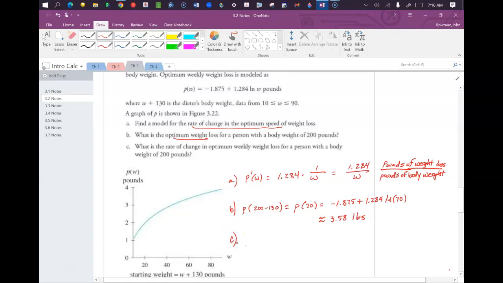And then finally C, what is the rate of change in optimum weekly weight loss for a person with a body weight of 200 pounds? So in this case, they're asking for P prime of 70.